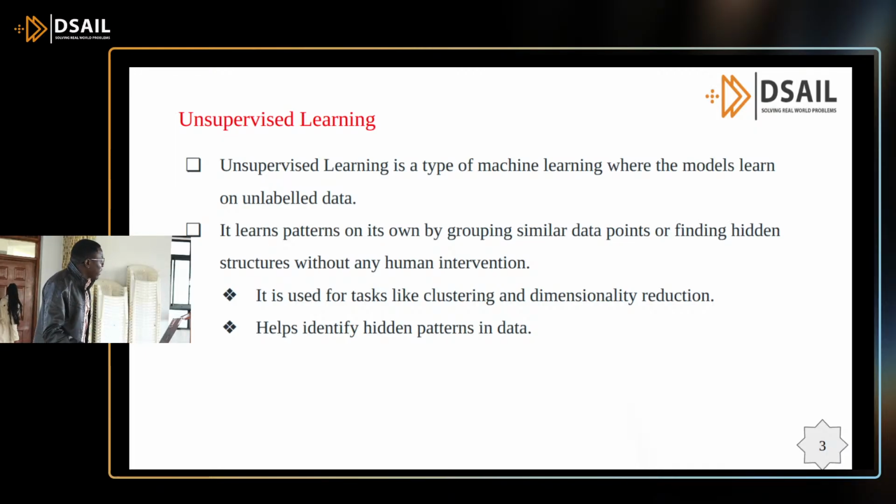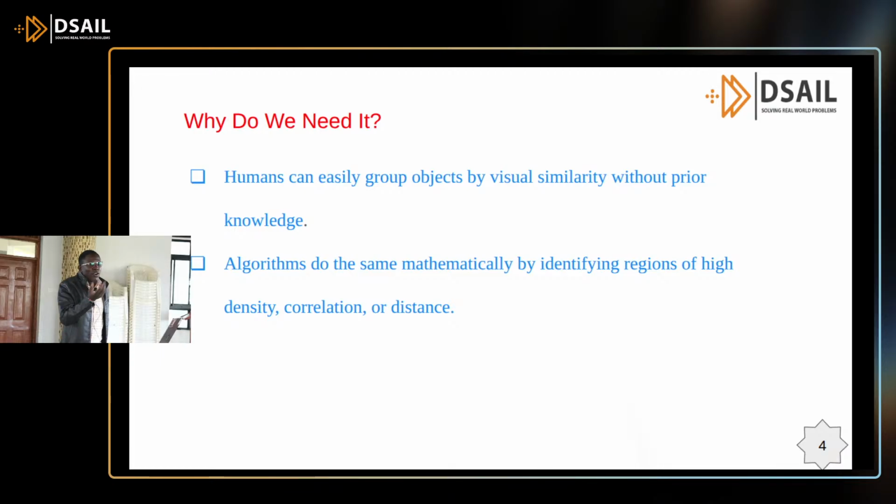So why do we really need unsupervised learning? One of the reasons is that we as humans, if we see one sample, even if we have no idea about it, let's say in terms of cars, you meet a Jaguar.